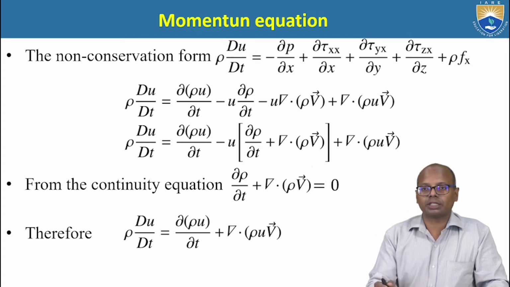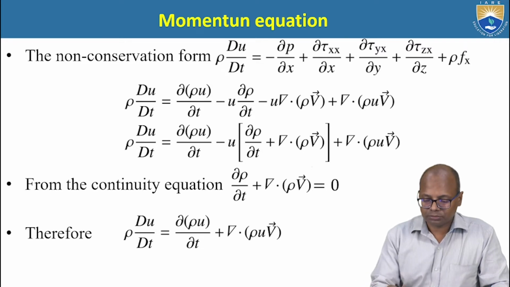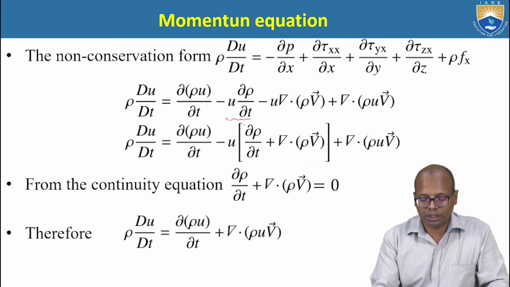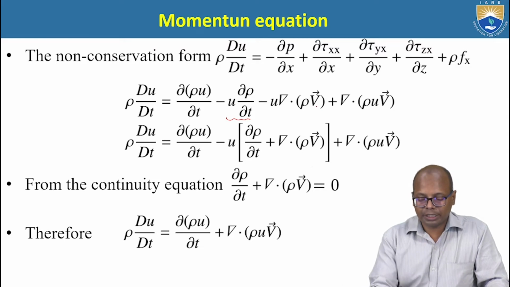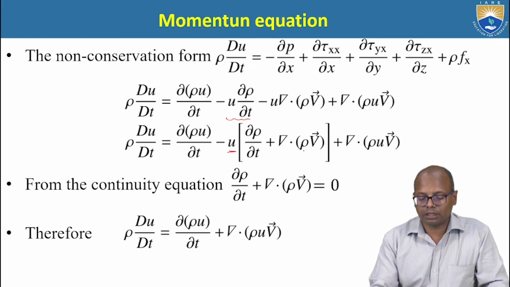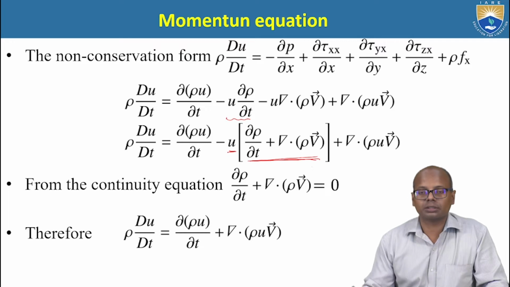If I do this, what is happening here? I have two terms: u ∂ρ/∂t minus u ∇ · (ρV̄). If I take u common, I will get in a bracket ∂ρ/∂t plus ∇ · (ρV̄). It looks like somewhere we have seen this.